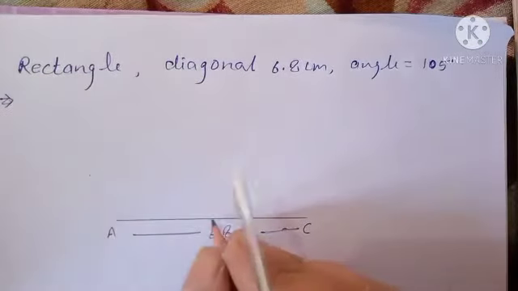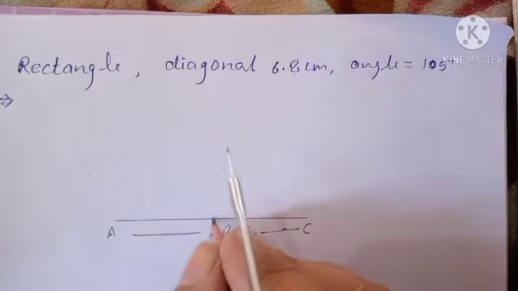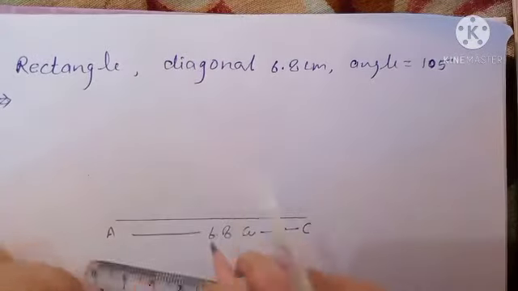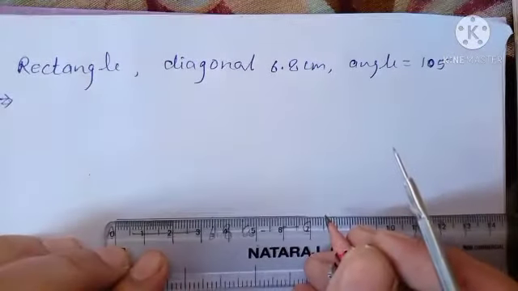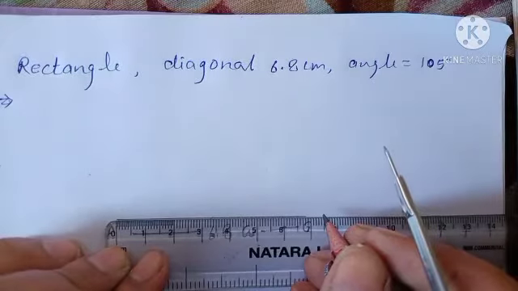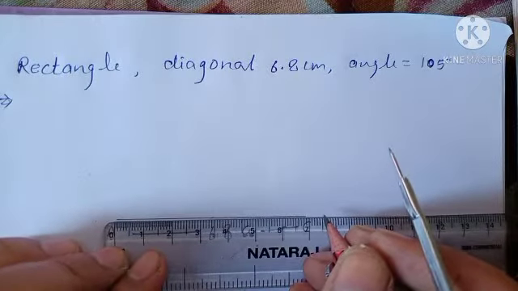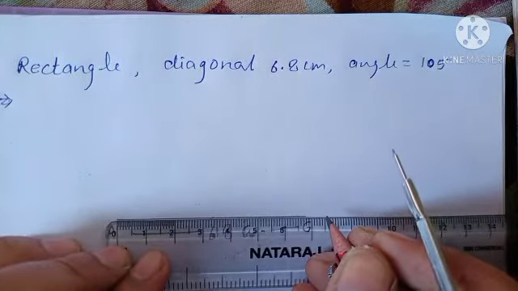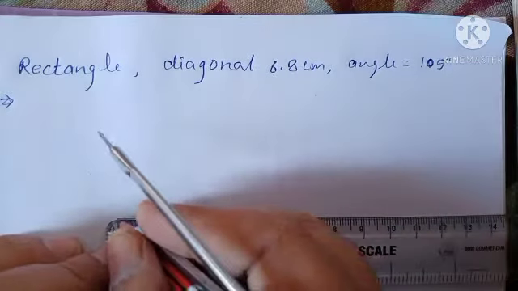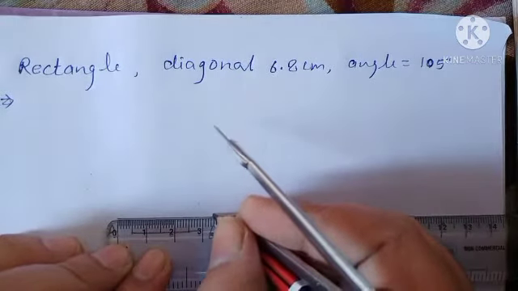Now we will cut off a point O at the middle, which is at a distance of 3.4 centimeter from both ends. 3.4 from here, so it will be here.